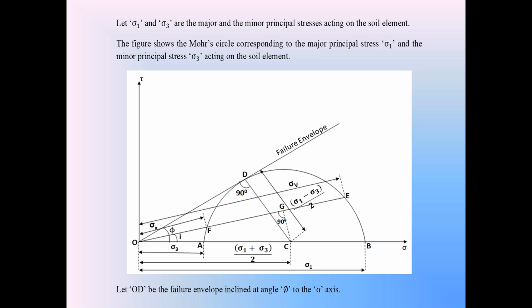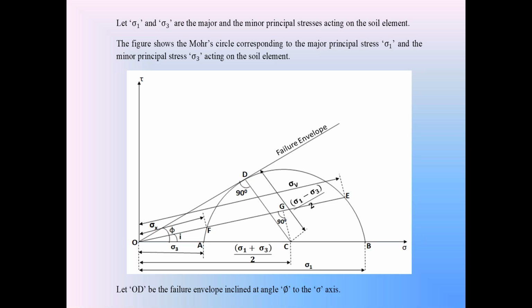So in this Mohr stress circle diagram, OA is the principal stress sigma 3 acting on the soil element, and OB is the principal stress sigma 1 acting on the soil element. The Mohr stress circle touches the failure envelope. The failure envelope makes an angle phi with the x-axis.